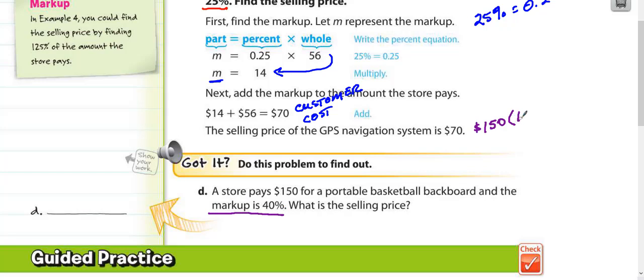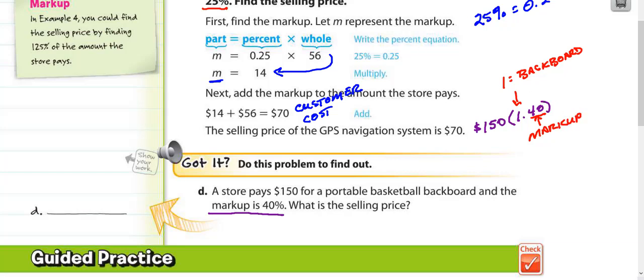I'm going to go ahead and do this by doing 1.40. When I do 1.40, here are my two parts. That one, the 1 equals the cost of the backboard. That's what the company is paying for the backboard. This 0.40 right here is the markup.